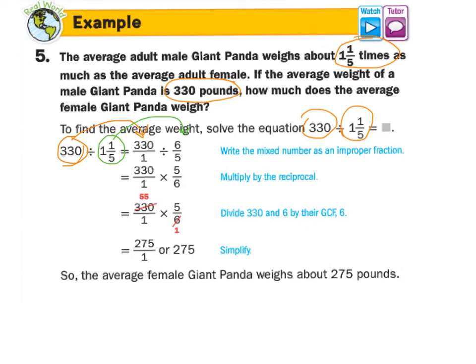Then we could go ahead and do our keep, change, flip. So we have 330 over 1 times 2/3. And the 3 and the 330 can be divided by 3. So we get 110 and 1. So our answer is 220 pounds.